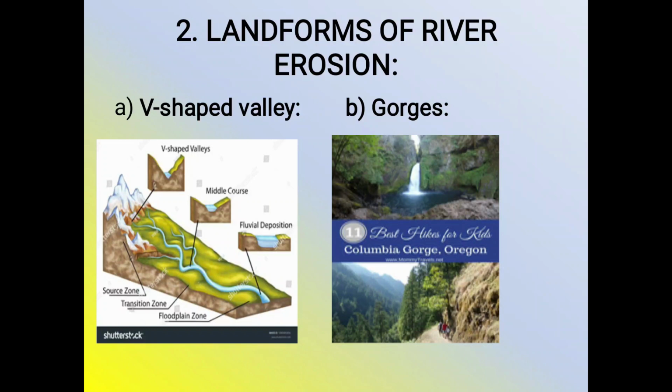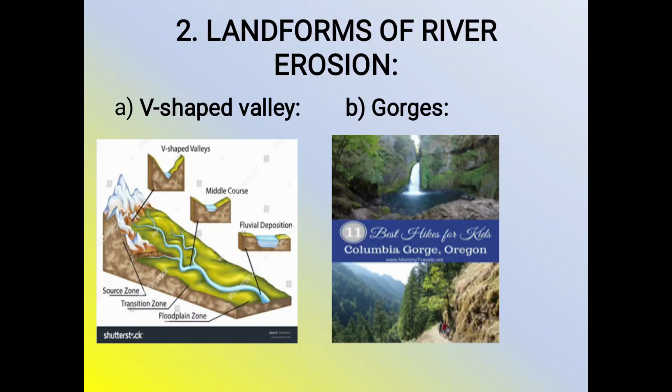Second feature is gorges. These valleys come into existence in the upper course of the river entirely due to its downward cutting. The areas through which such rivers flow are made up of hard resistant rocks which are not affected by the agents of weathering.